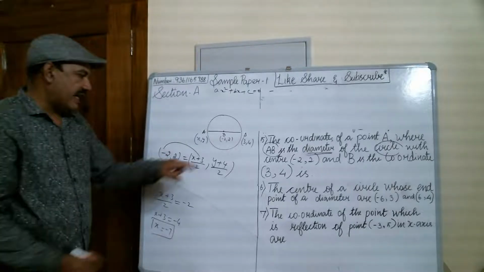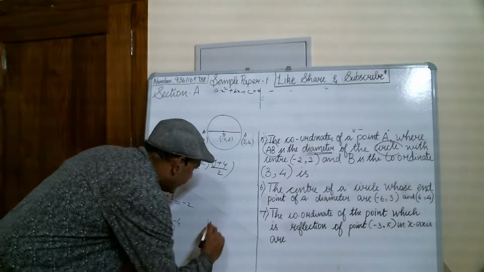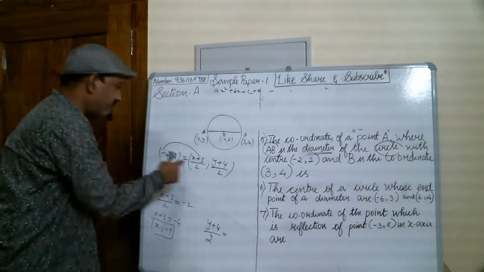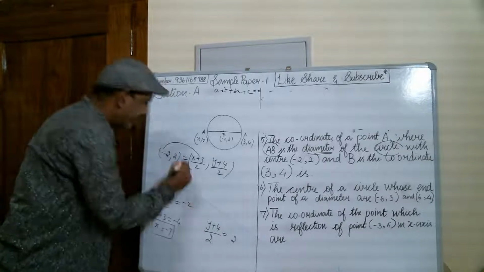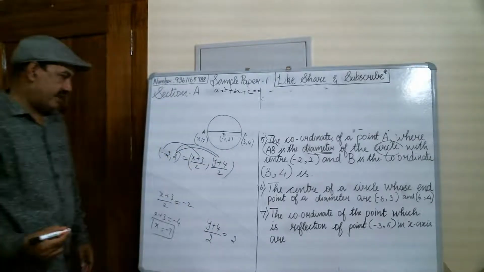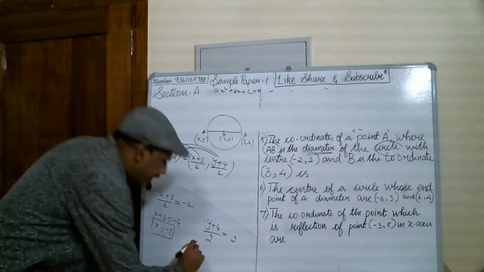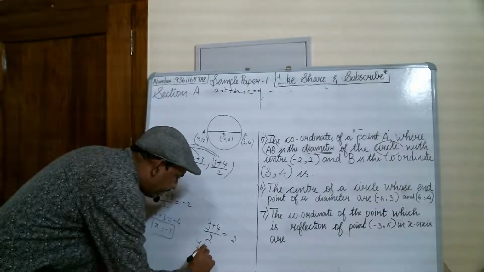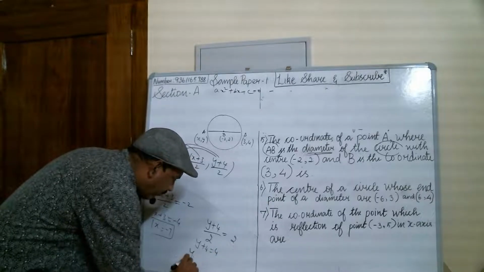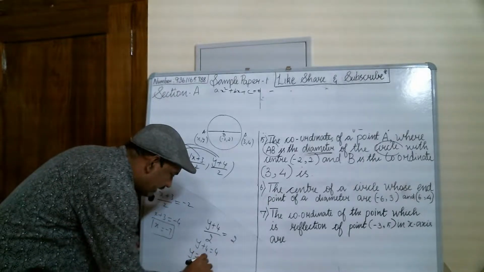Moving on to the ordinate, how much is that? y plus 4 divided by 2 is equal to 2. Okay, look at this. I'm equating the second values, that is the ordinate values. By cross multiplication you are getting y plus 4 equal to 2 into 2, which is 4. Therefore y is equal to 0.